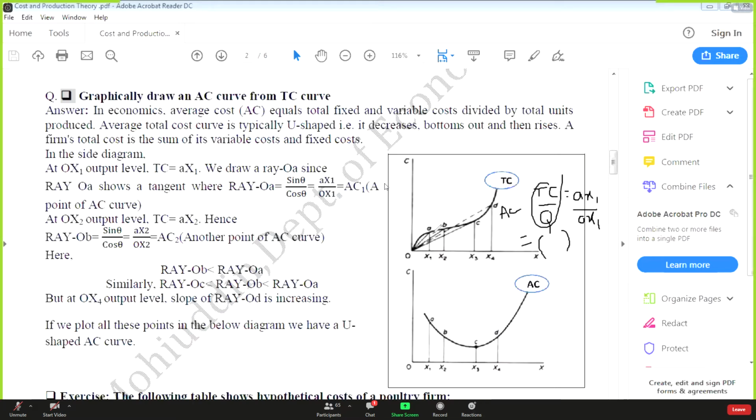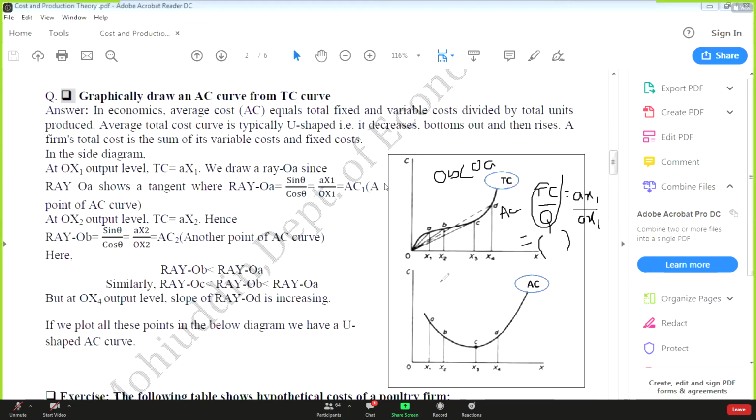It means the slope of OB is less than the slope of OA. Or you can say that ray OB is less than ray OA. Can I write it down or not?